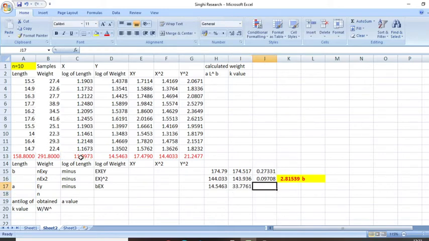So you have to perform the numerator operation, that is summation of y minus b into summation of x. You will get this answer.